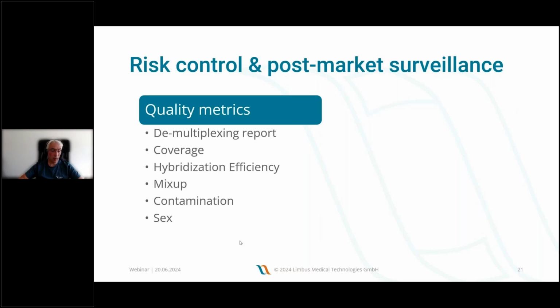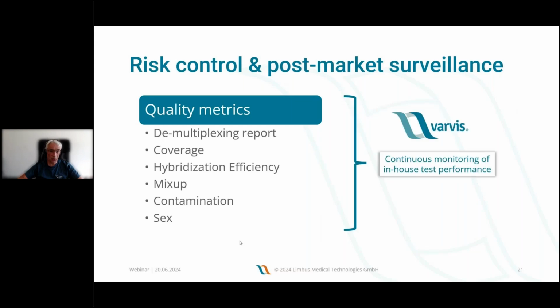We even provide scores that allow you to identify mix-up of individual samples or contamination with a foreign sample that's not even in your NGS pool. And we also verify the sex of the sample from the NGS data.